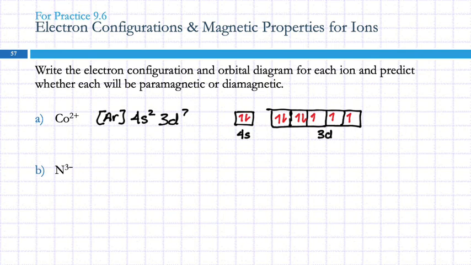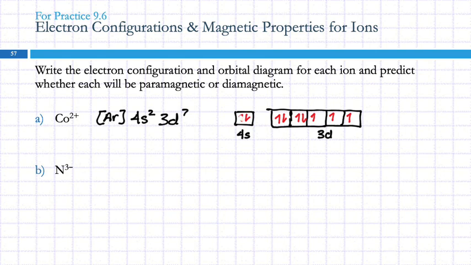What about the ion? Well, what electrons are we going to lose first? It needs to lose 2 electrons. We're going to lose these 4s electrons because those guys are staying on a higher floor, and the tornado takes off the 4th floor before it takes off the 3rd floor.